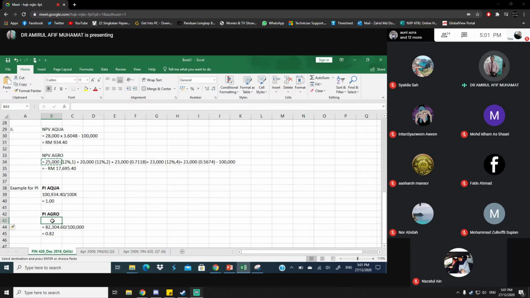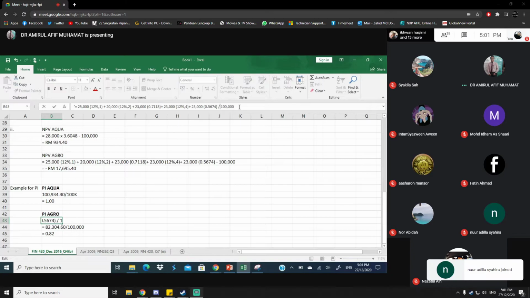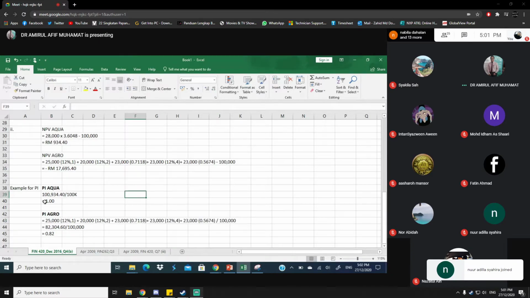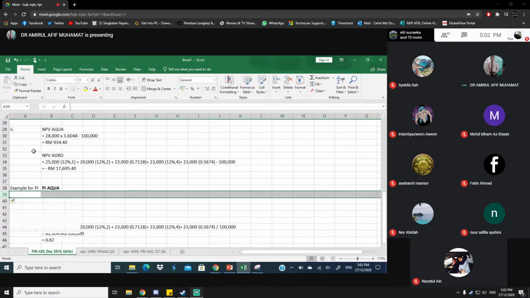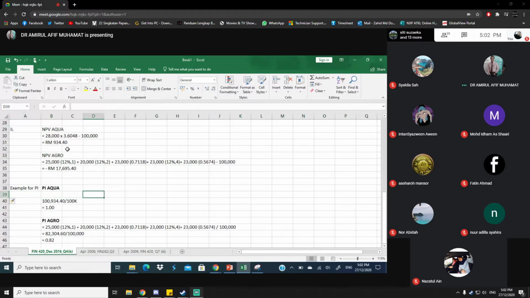So if you compare which one you are going to choose, you will choose Aqua because it gives you a PI which is 1, and also positive, which is higher than the PI of Agro. Do you have any question for this?